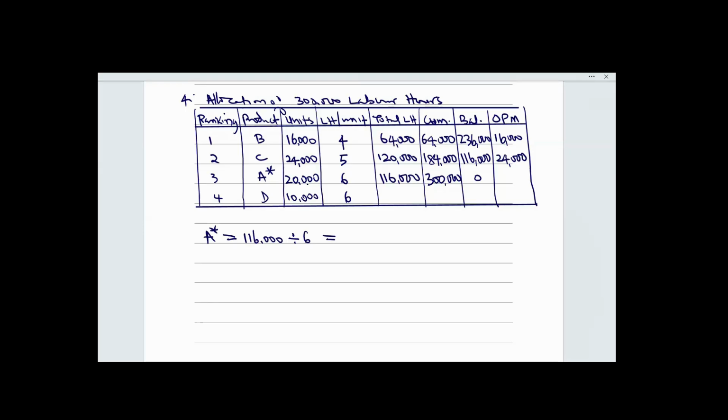So what do we have here? 116,000 divided by 6. We have 19,333.3, so 19,333 units. So nothing will go to product D because we don't have sufficient resources to produce D.